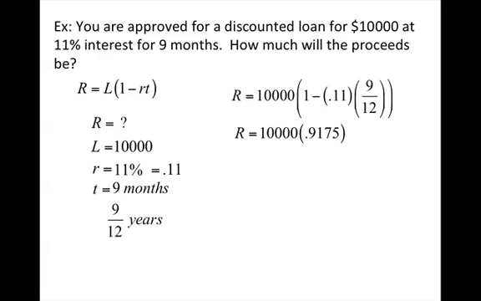So on your calculator we typed 1 minus 0.11 times 9/12. Then we left that 0.9175 in our calculator and multiplied by 10,000, and that gave us 9,175. So the proceeds are $9,175.